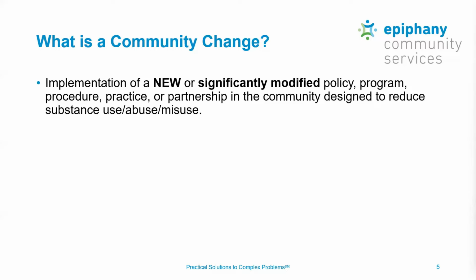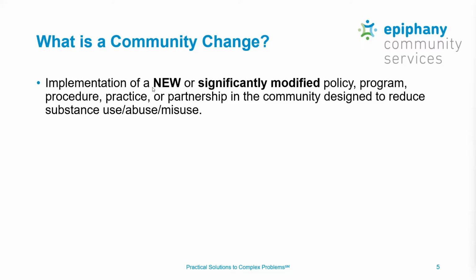A lot of times as coalitions, we implement programs and then we see those programs repeated on a monthly basis, on a quarterly basis. While that's good, and we're glad we have these programs that have longevity and are sticking around in our communities and having an impact, the only time they have that large overall impact of a community change is when they are new. So let's keep that in mind.